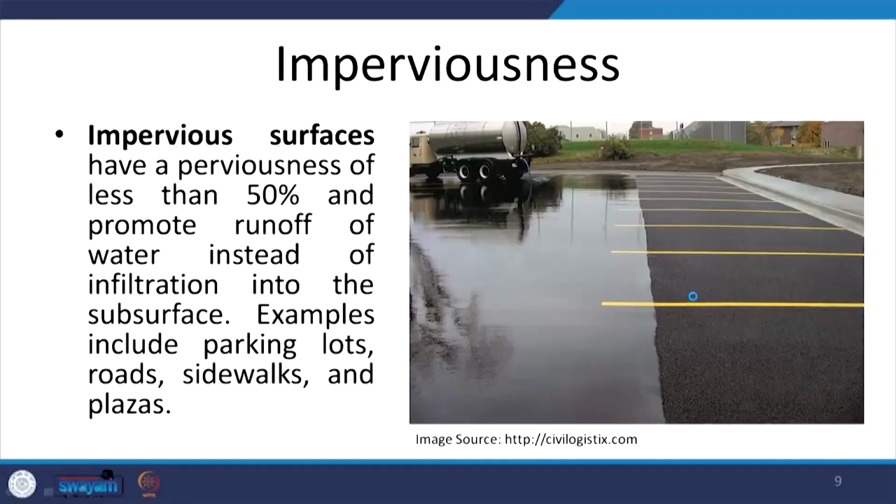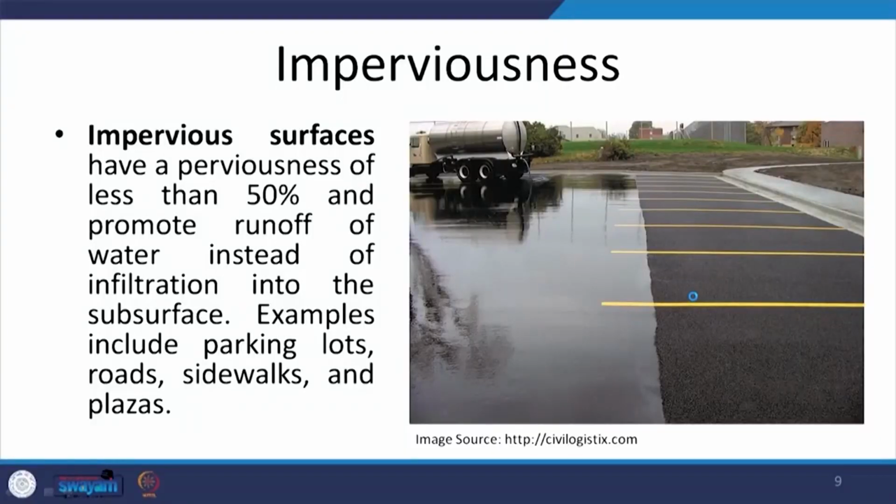Now, when we are looking at a site development, we should promote that the runoff and the imperviousness of the surfaces is less than 50%, so that more and more water is allowed to stay on the site and percolate down to the ground and not run off to the drains.